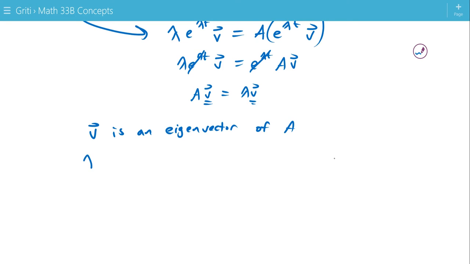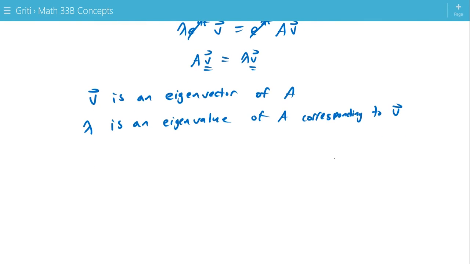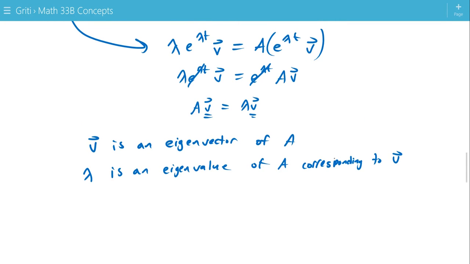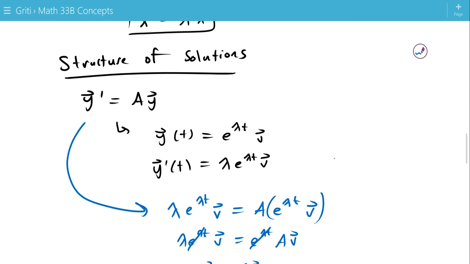And v ends up being multiplied by lambda, where lambda is an eigenvalue of A corresponding to v. So our goal then is to find the eigenvalues and eigenvectors of A to find these solutions.